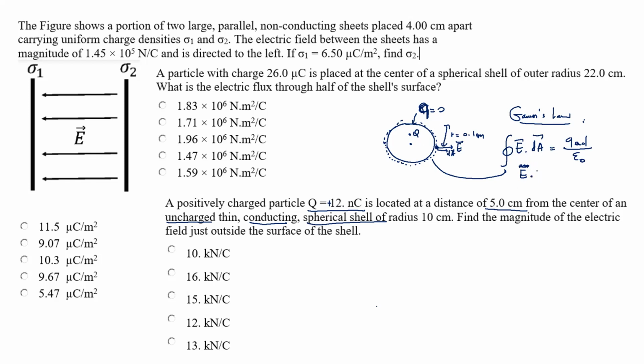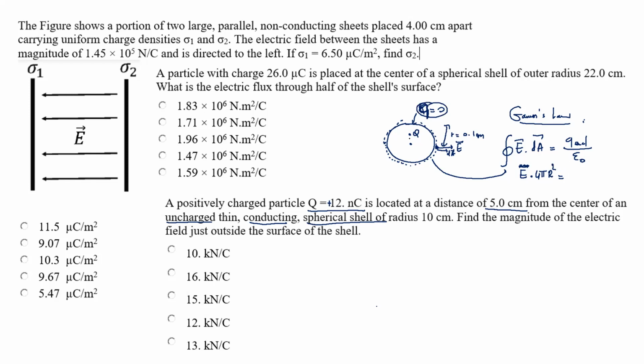So I have E times the integral of the area. Of course, the integral of the area will be 4 pi r square, but here r is equal to the radius because I'm looking at just outside the surface of the shell. So it's just radius square. This is equal to the charge enclosed. What is the charge enclosed? Of course, my thin spherical shell is uncharged, so the charge there is 0.